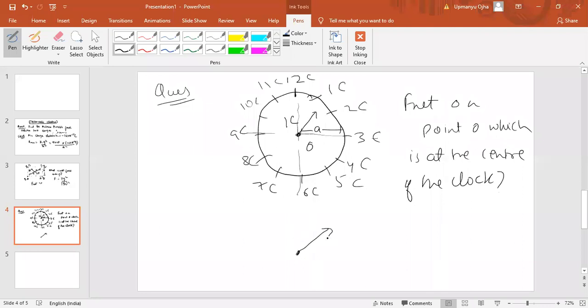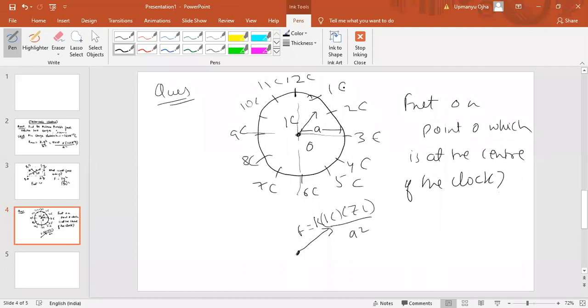And what is the magnitude of that force? The magnitude of that force will be equal to K into 1 coulomb into 7 coulomb by A square. That is the magnitude of the force due to 7 coulomb on the center charge, and direction would be along 1 coulomb charge.